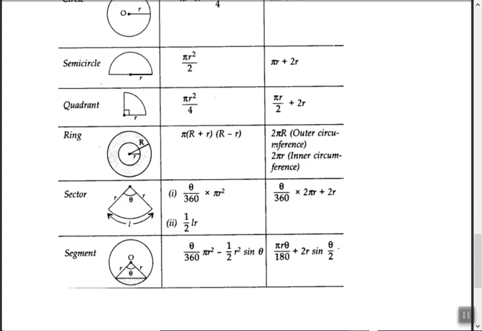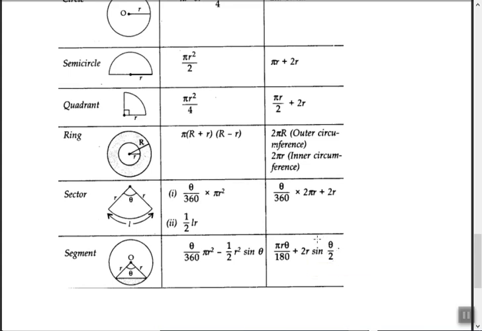Okay, segment means divided by the chord and the arc. So area we just now found out, theta upon 360 into pi r square minus 1 upon 2 into r square sin theta. So for perimeter it will be what? See this perimeter, theta upon 180 into pi r plus 2r into sin theta by 2.